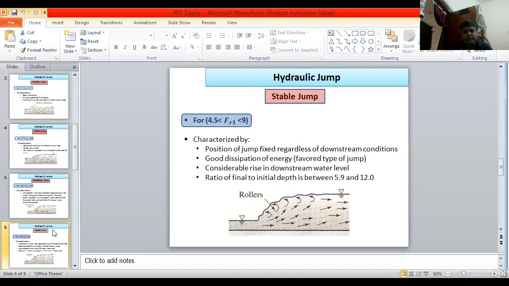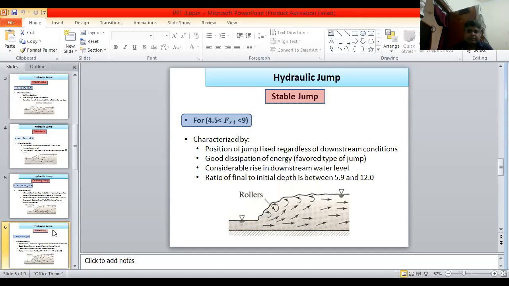The ratio of final to initial depth is between 5.9 and 12. In this case, energy loss of 60 to 70% will occur.